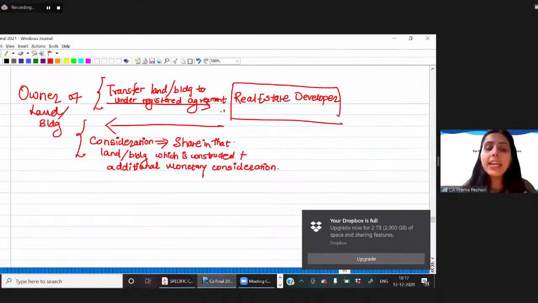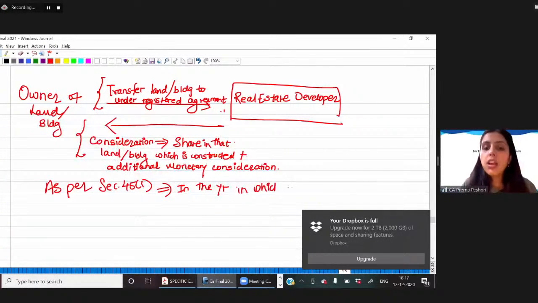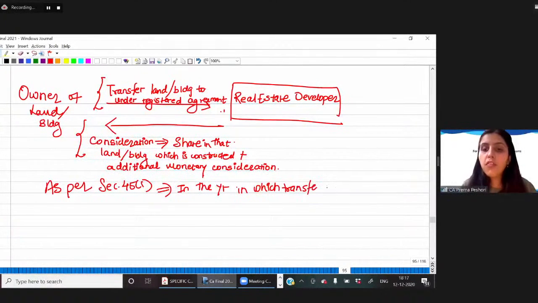So ideally, as per section 45(1), if there was no specific section, the transfer would have taken place in the year, the capital gain would have occurred in the year in which transfer of land takes place by the owner to real estate developer.